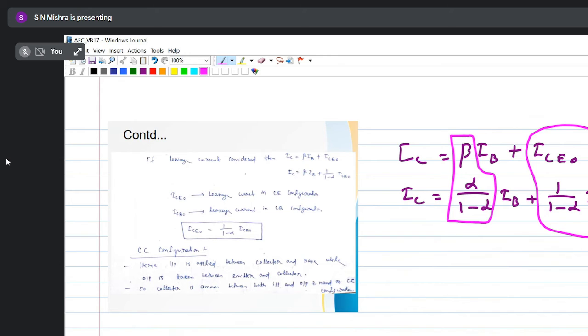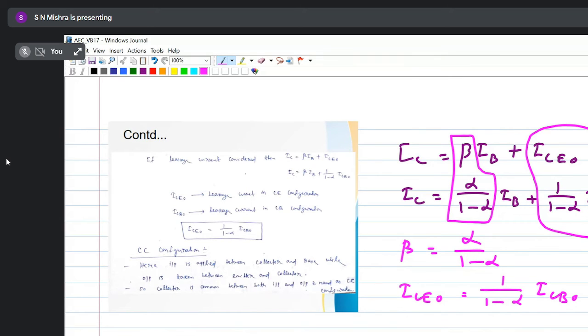So what I can write, beta equals alpha by 1 minus alpha, and ICEO equals 1 by 1 minus alpha times ICBO. That's why if alpha is less than 1, you will get a high beta.